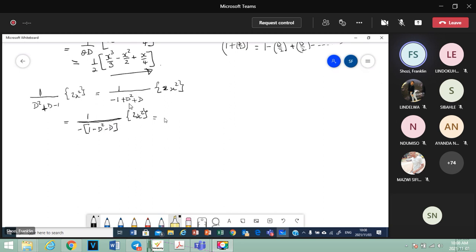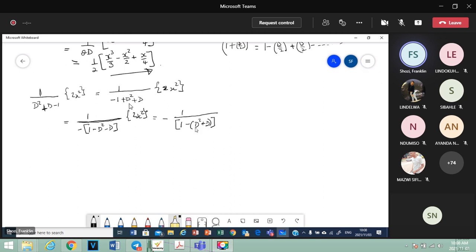This can be written as 1 over minus, that's minus just 1, all over bracket 1 minus. Look at my d's. All my d's are now negative. I can take a minus out as a common factor again. Then I'll be having d squared plus d. Close that.